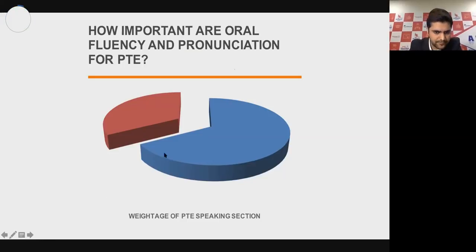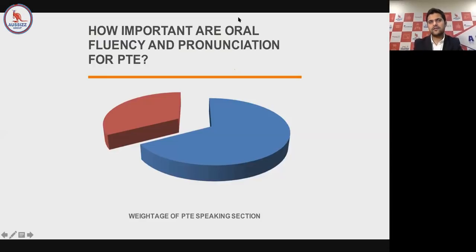If you look at the screen, you'll see that the share that has been marked in blue color is the weightage of oral fluency and pronunciation in the speaking section. That means oral fluency and pronunciation has a weightage of almost 2/3, because it contributes to your read aloud, your repeat sentences, your describe image, and your retell lecture. For each of these tasks, oral fluency would contribute almost 2/3 of the entire score.